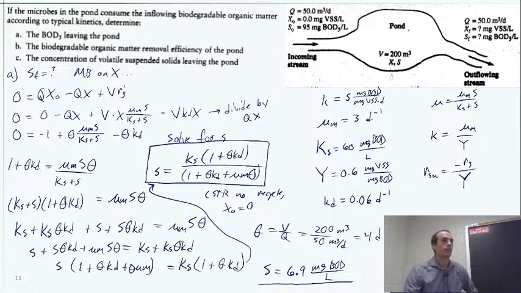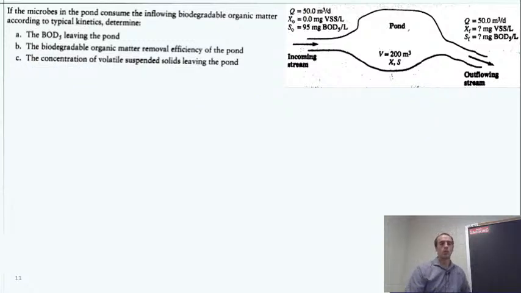Make enough sense with that? Okay, part B then, we'll quickly go through. What we start with is 95. What we end with is 6.9 divided by 95.